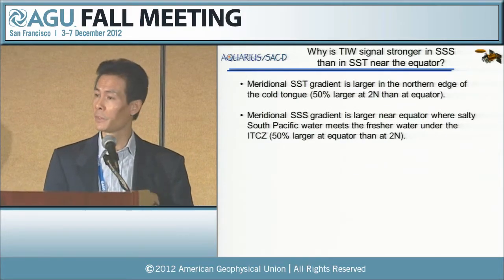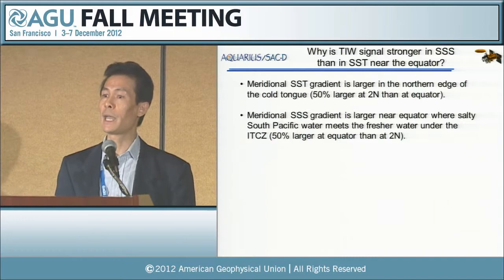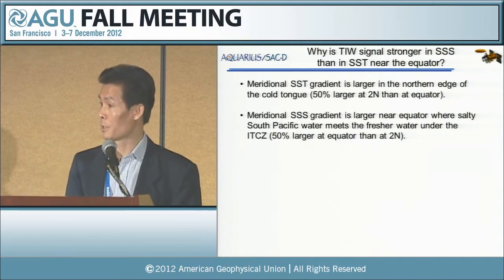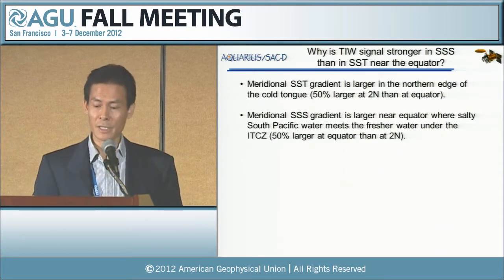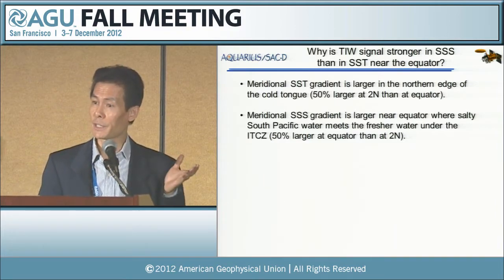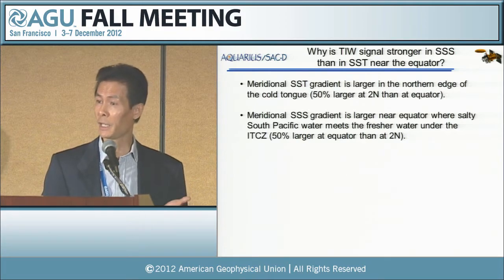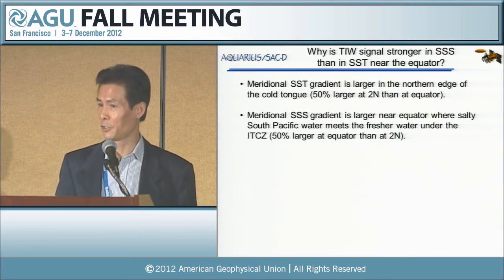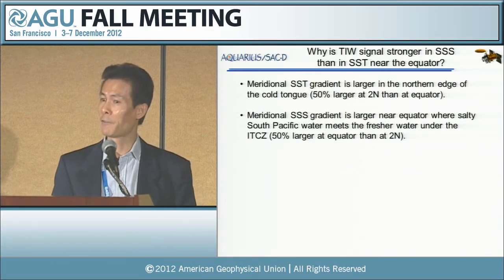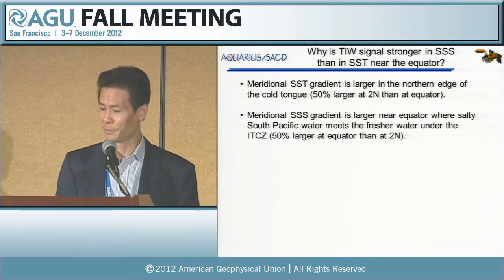So that's why near the equator, salinity actually provides better measurements of tropical instability waves. And in fact, if you take the SST data and Aquarius data, you can quantify that the gradient at the equator for salinity is twice as large as SST, and vice versa if you go to 2 north.